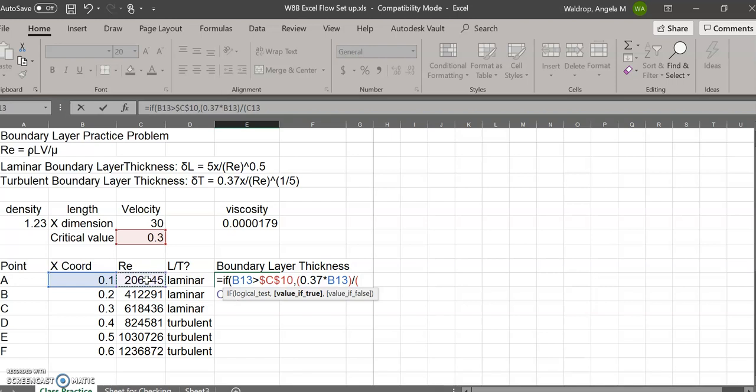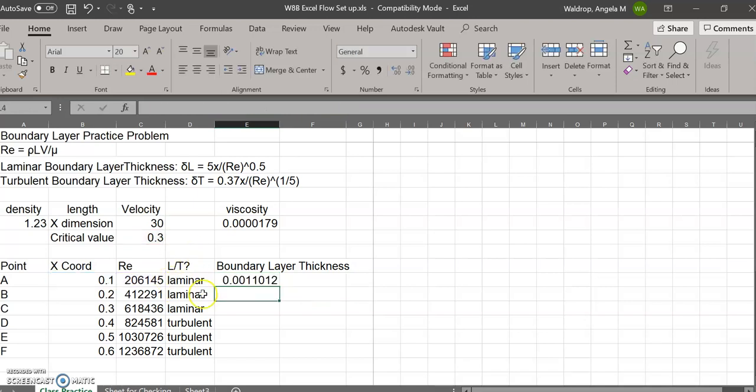My Reynolds number raised to the 0.2 because that's the fifth root, okay? And I'm going to put in the other equation here for my laminar calculation: 5 times the value divided by the Reynolds number to the 0.5. And I'll close it, close the overall calculation, and there we go.